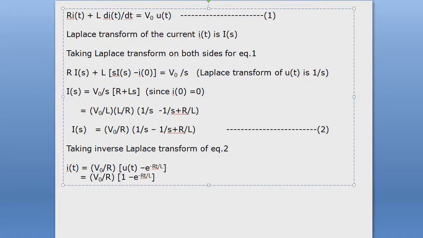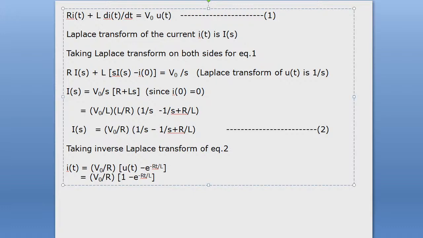Now, everyone calculate the impulse response of the circuit. We have just derived the step response of an RL circuit. Now you calculate the impulse response for the given circuit. Step response means your input is a step function. Impulse response means your input is an impulse function or delta function, delta of t.